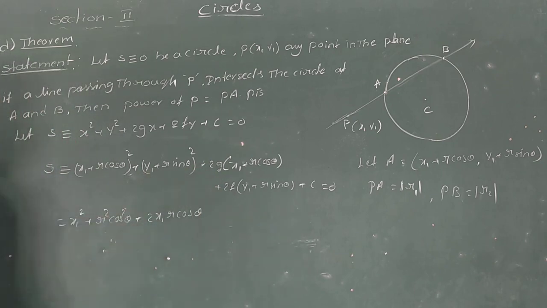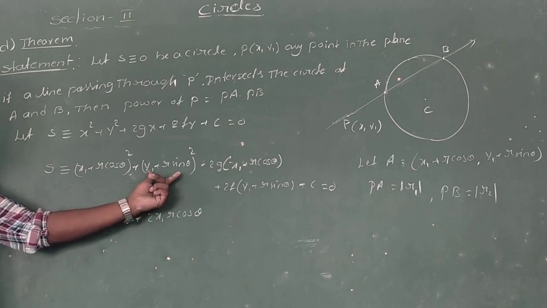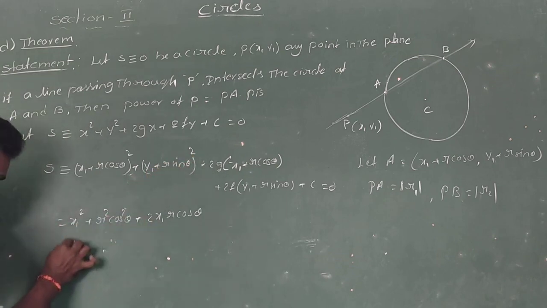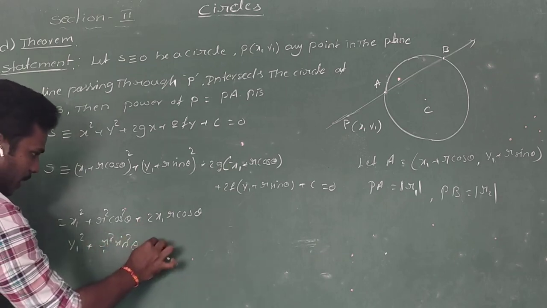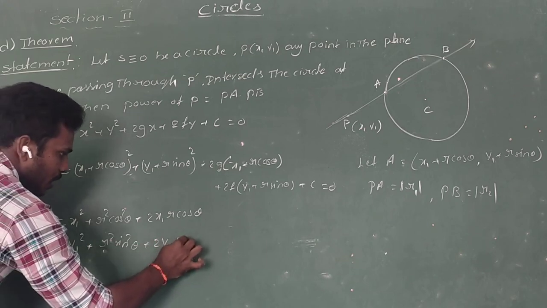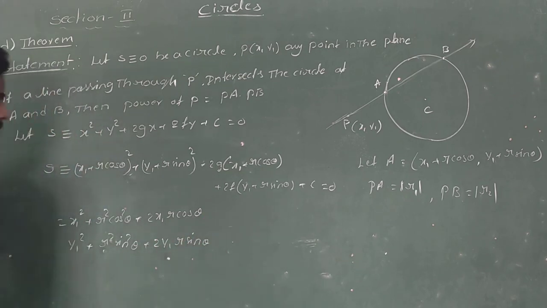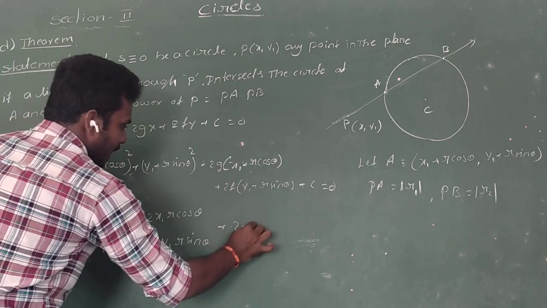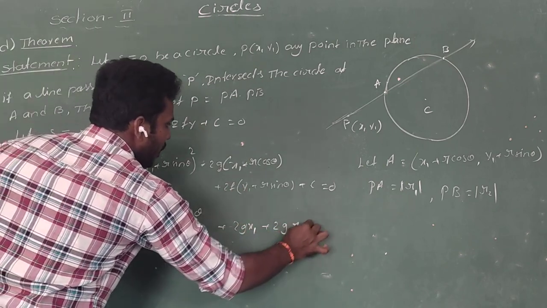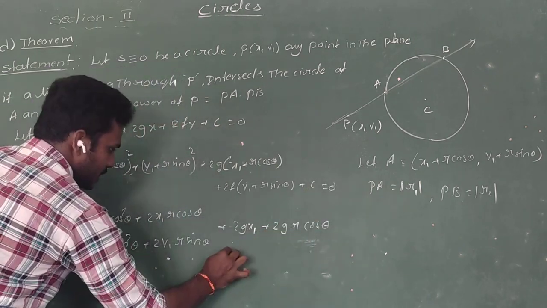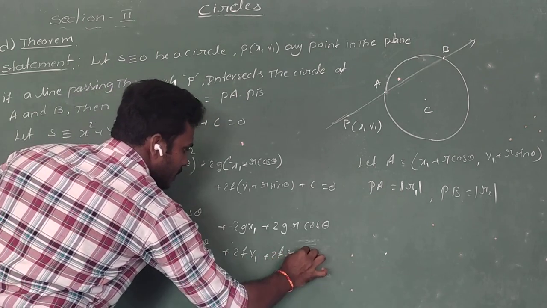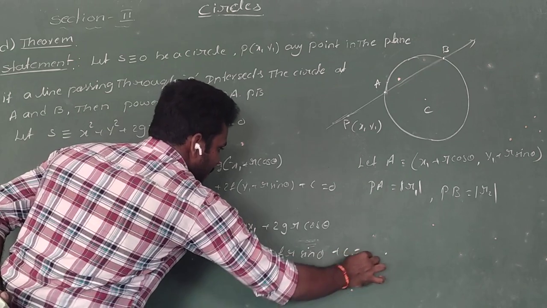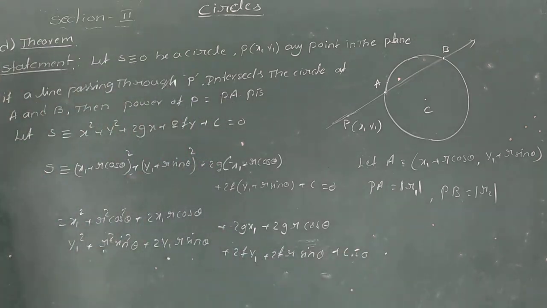For the second part, y1 plus r sin theta whole square, I can write y1 square plus r square sin square theta plus 2y1 r sin theta, plus 2g x1 plus 2g r cos theta plus 2f y1 plus 2f r sin theta plus c is equal to 0. So all the terms I can write in a manner for common purpose.